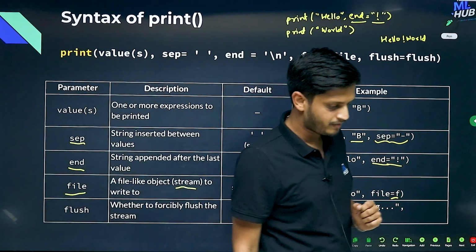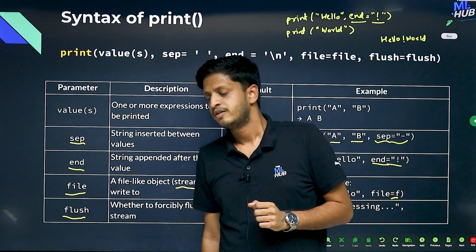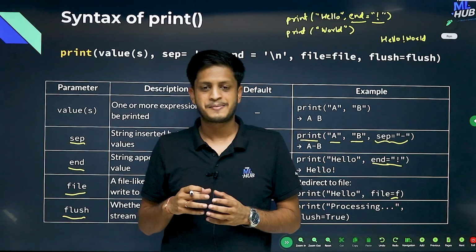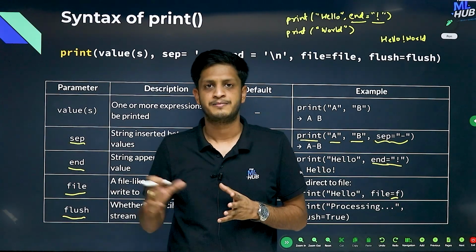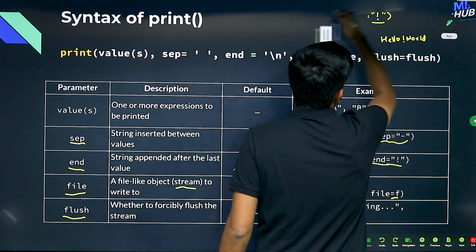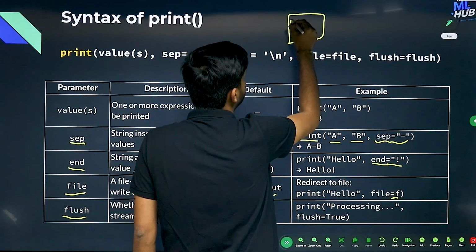Okay, now the last argument is a very special argument, flush. So generally what happens is, when you are doing some outputting, specifically not on screen, but when you are doing large amounts of output in a file, let us say you have lots of print statements.